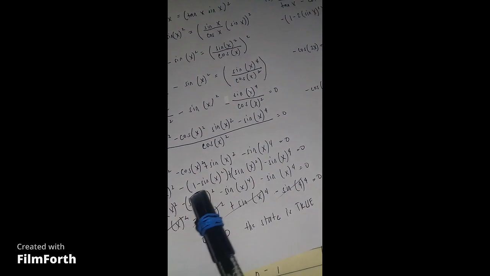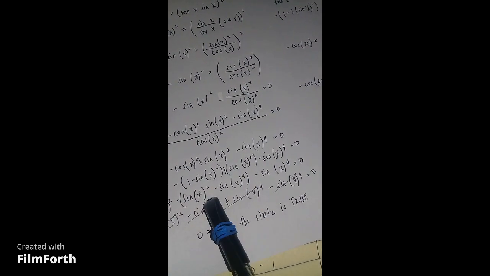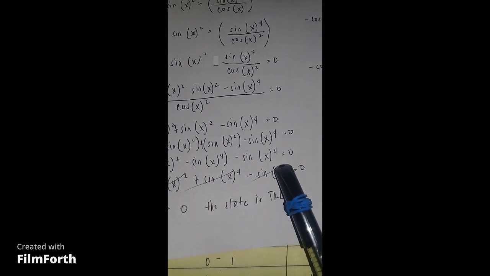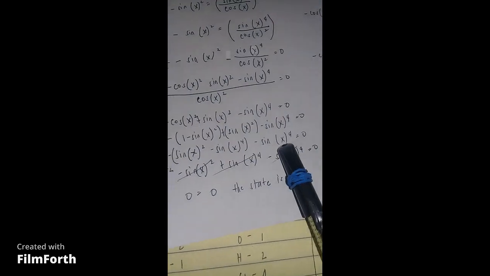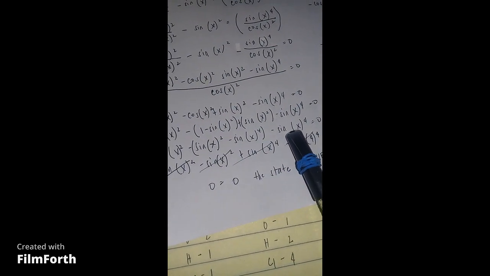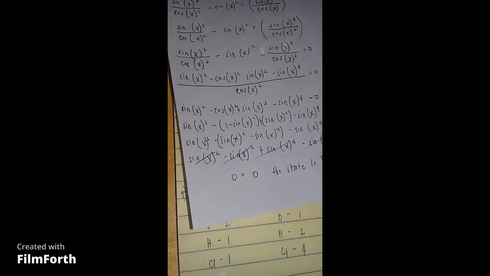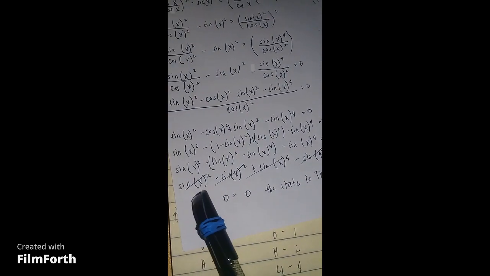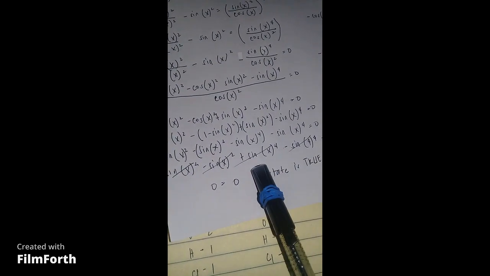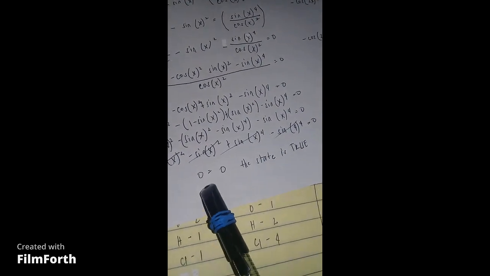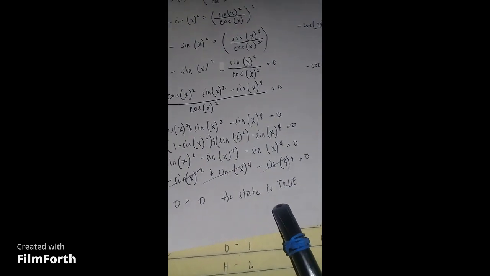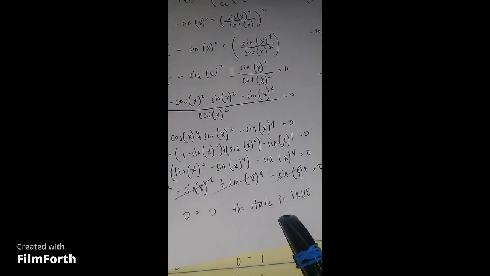So we just multiply here, then copy the negative sin x raised to 4. So cancel. They're just equal, and here just equal. So our answer is 0 equals 0. So the statement is true. So next, number 12.